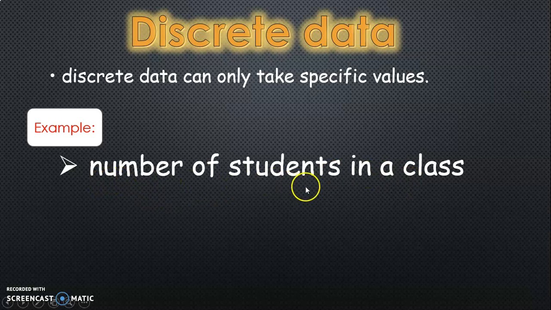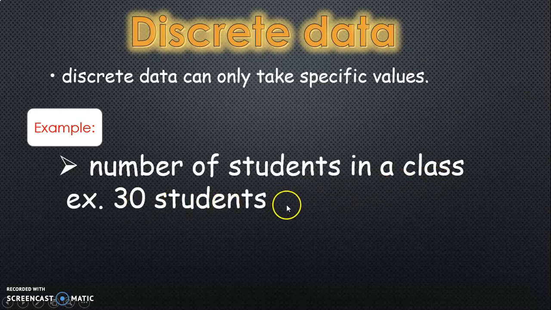We all know that we have a specific or exact amount of students in each class. For example, we have 30 students in each class. So we cannot say that we have 30.5 students in each class. This is what we mean by specific values. It means the exact number of students in each class.